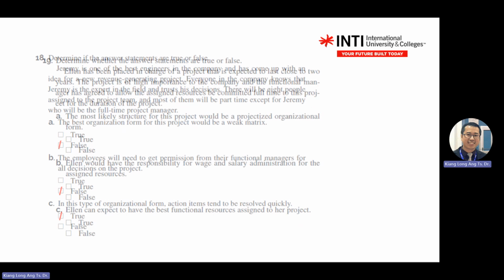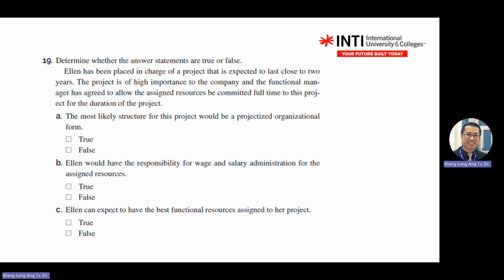Okay, 18, 19. Determine whether true or false also. It gives you a scenario. Elaine is placed in charge of a project that is expected to last close to 2 years. So it means it's a 2-year project. The project has high importance to the company and functional managers have agreed to assign some of the resources to the project full-time for the duration of the project.